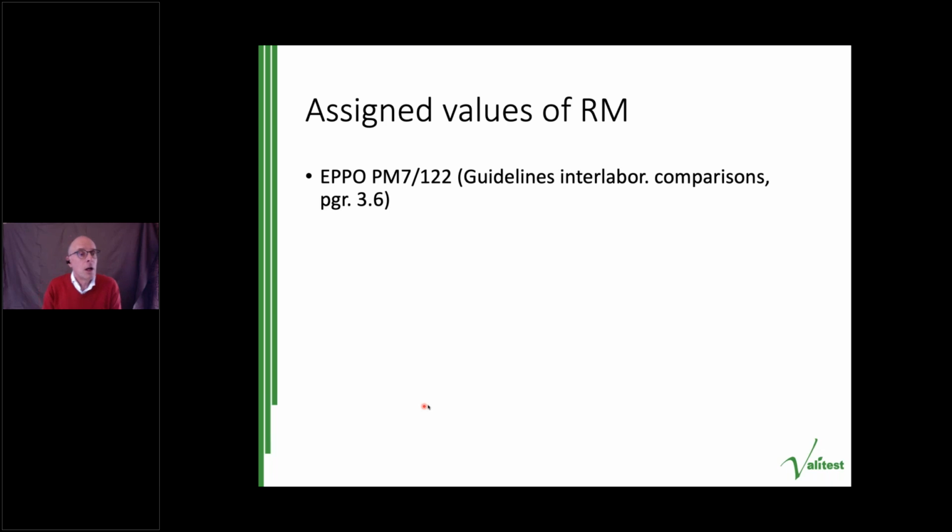A last criterion, also something that is not very clear, not a very clear definition, is called assigned values. It is more clearly described in EPPO, in paragraph 3.6 of the EPPO guideline 122, the guidelines on interlaboratory comparisons.